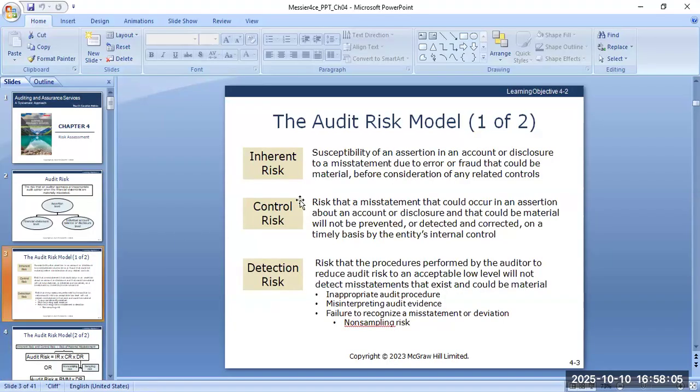So let's see the nature of the risk. Inherent risk is a susceptibility of an assertion in the account and disclosure to a misstatement due to error or fraud that could be material, but would be material before consideration of any relevant control.